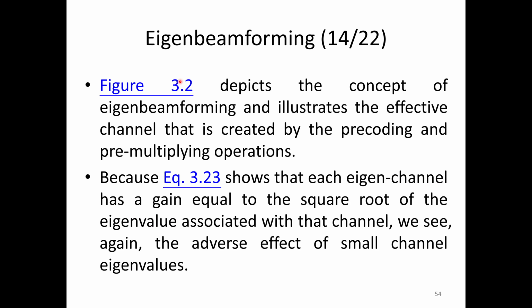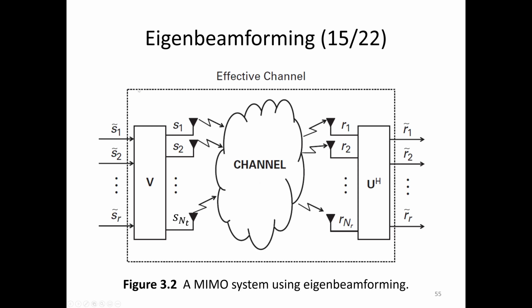Figure 3.2 shows a MIMO system using eigenbeamforming. You can see that originally in the transmitter, the transmitted symbols are S tilde 1, S tilde 2 to S tilde R. After the precoding V, that is V times this vector, we have the true transmitted vector S1, S2 to S NT.